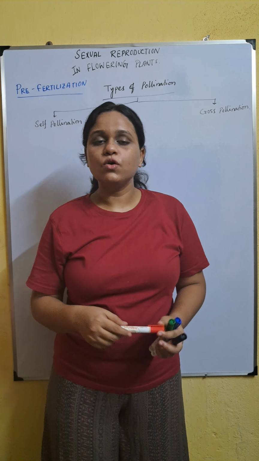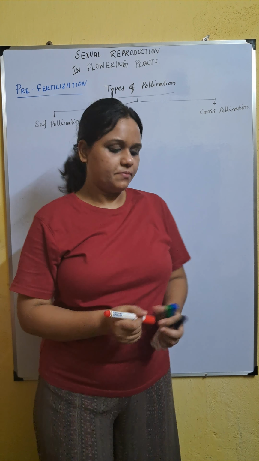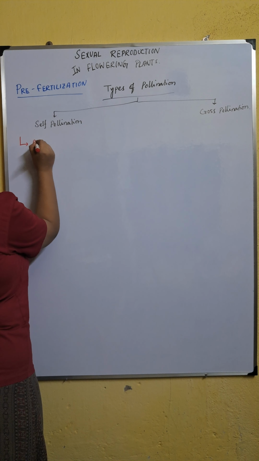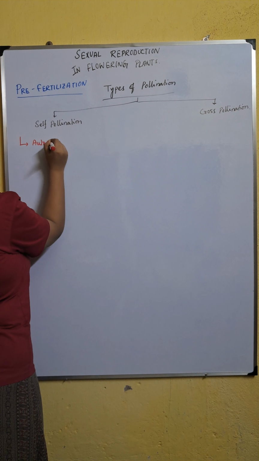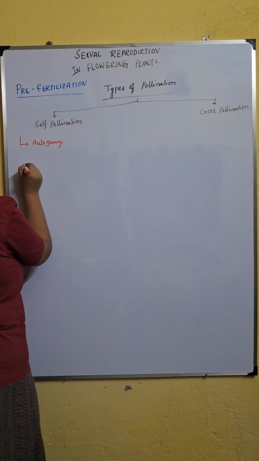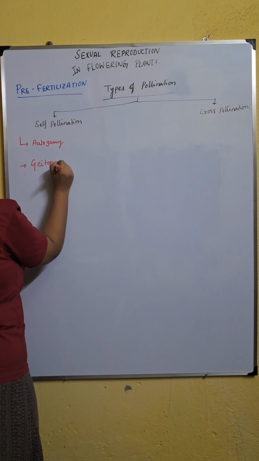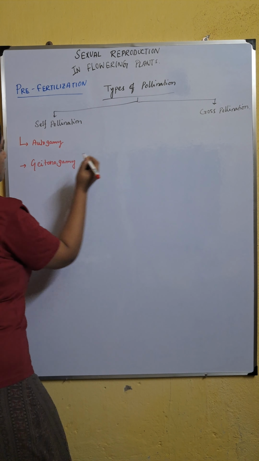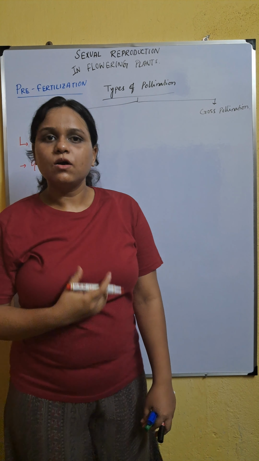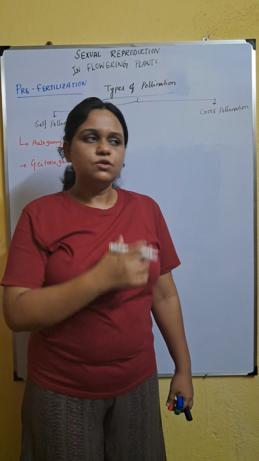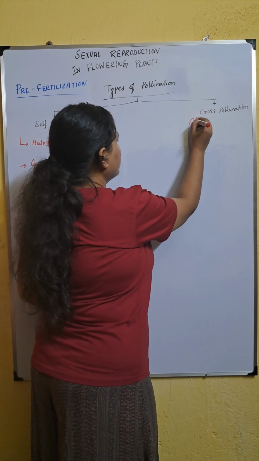These are autogamy and geitonogamy. Cross-pollination doesn't have any differentiation, so it is also called xenogamy.